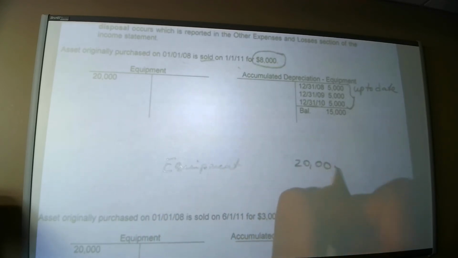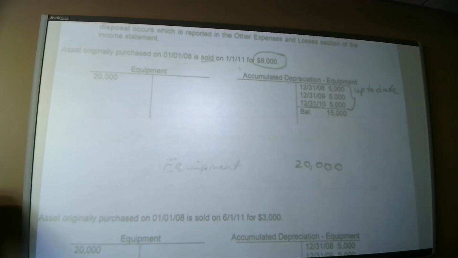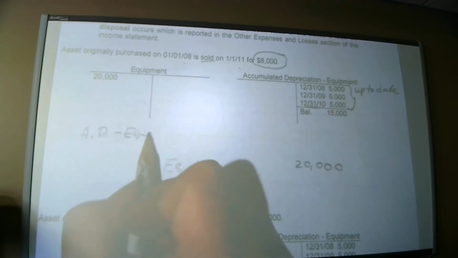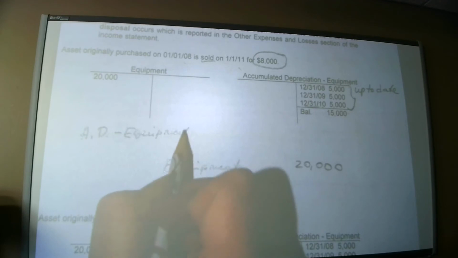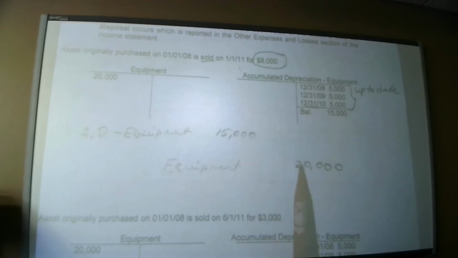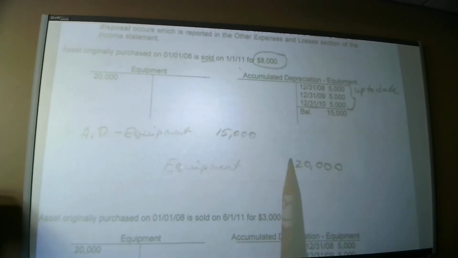So that one is off the books. Then right away, before I forget, I go into accumulated depreciation debit, and that's $15,000. The difference between these two gives you book value, which is 5.